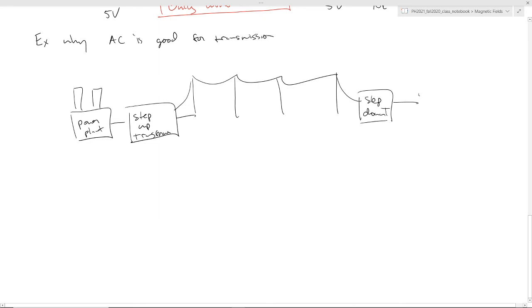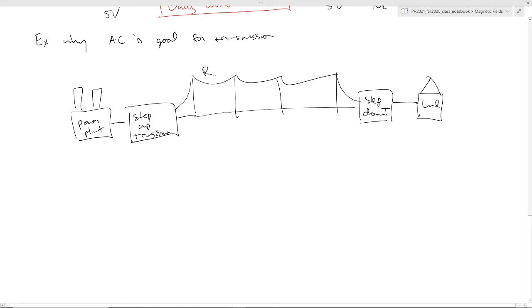And then it goes to the load, to your house or whatever. The reason for that is because this can save a huge amount of power that would otherwise be lost in the transmission line.